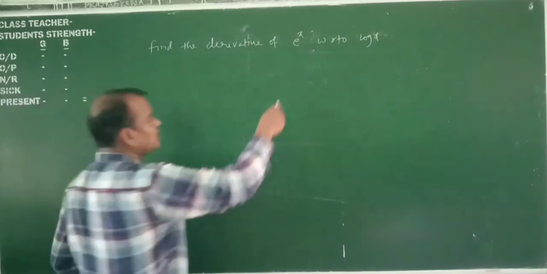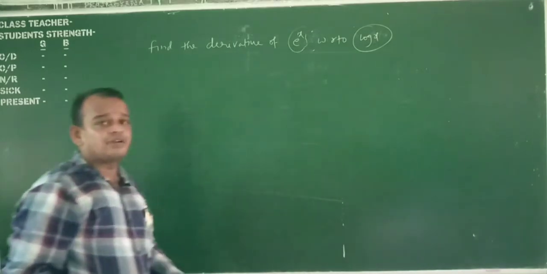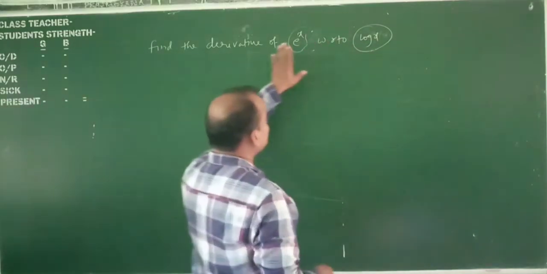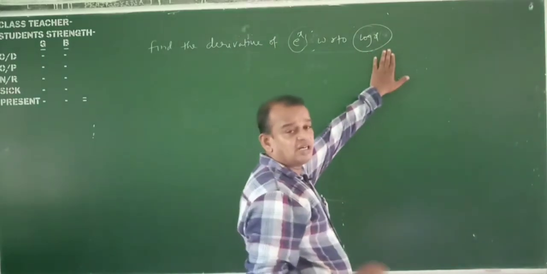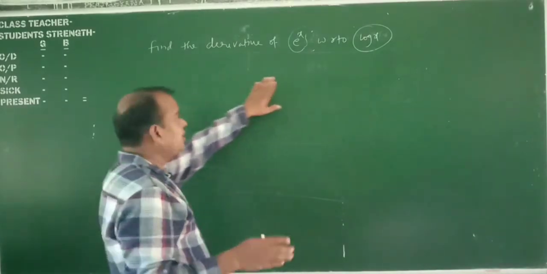Here two functions are there. This is e power x, this is log x. We will find the derivative of each separately. After that, suppose this is y and this is z. The derivative of y with respect to z, that is dy by dz, we will find.